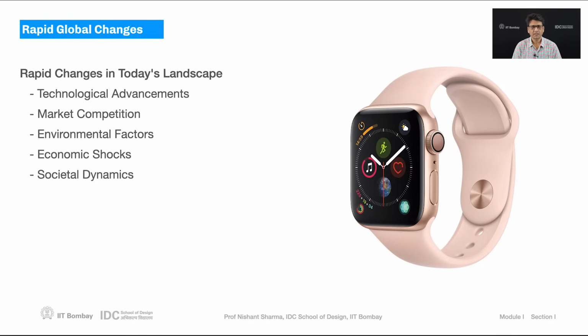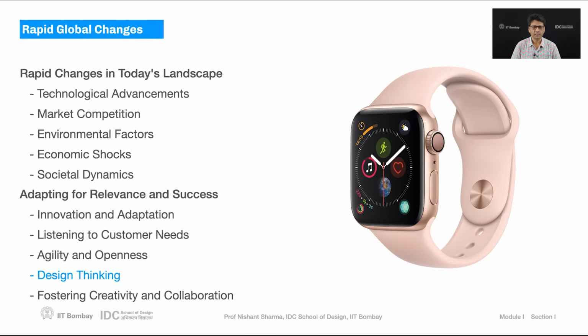To stay relevant and gain competitive advantage, businesses and organizations must innovate and adapt their strategies, products and services to meet the needs of a rapidly evolving world. Those who are agile, open to new ideas and willing to learn and adapt will be better equipped to thrive in an ever evolving environment.